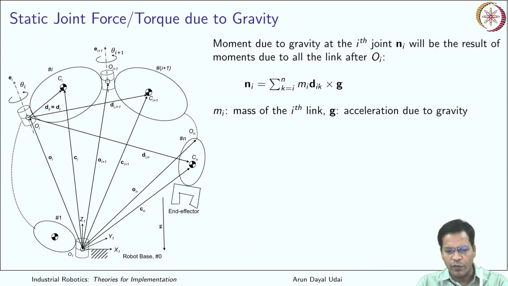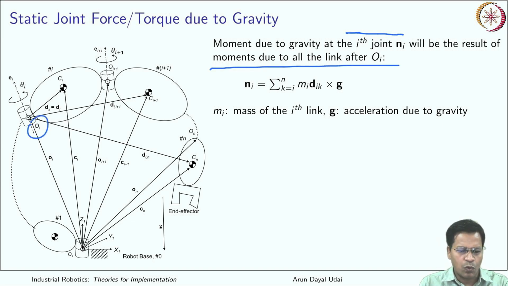Got it? Moving ahead, the moment due to gravity at the ith joint will be the result of moments due to all the links that come after Oi.